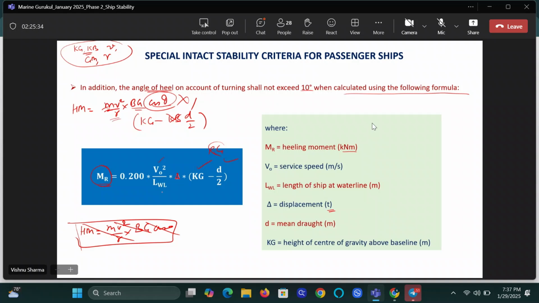For this formula, they have assumed that the radius is 5 times the length. So in our formula, M is replaced by delta, v square is replaced by V naught square, BG is replaced by KG minus d by 2, and radius is replaced by 5L. 1 by 5 becomes 0.2, and in the denominator you are left with L.